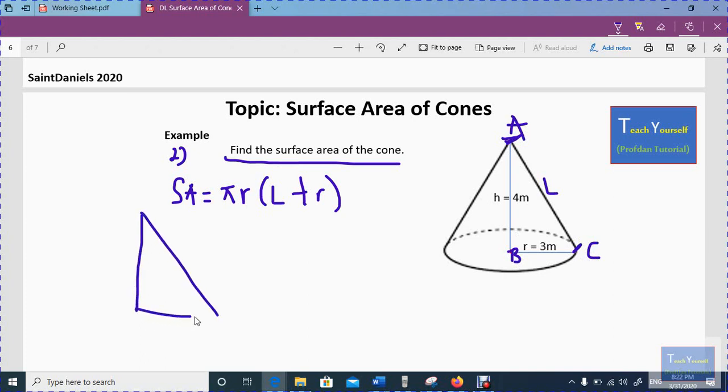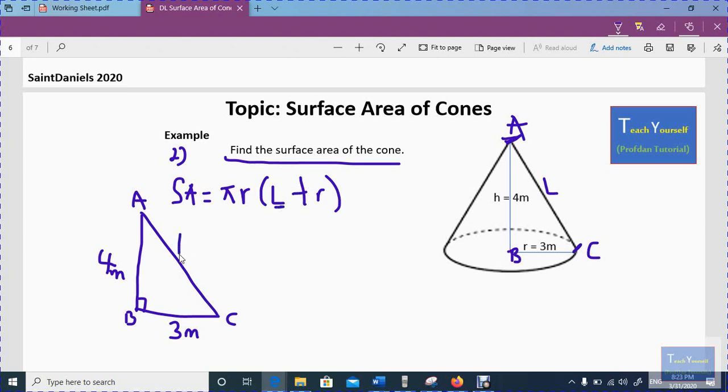This is a triangle. This is point A, point B, and this is point C. Looking at this, the radius is here 3 meter, and this is the height AB, which is 4 meter. So it means that you need to get the slant height or the slant length, this L part, to be able to use in the formula.